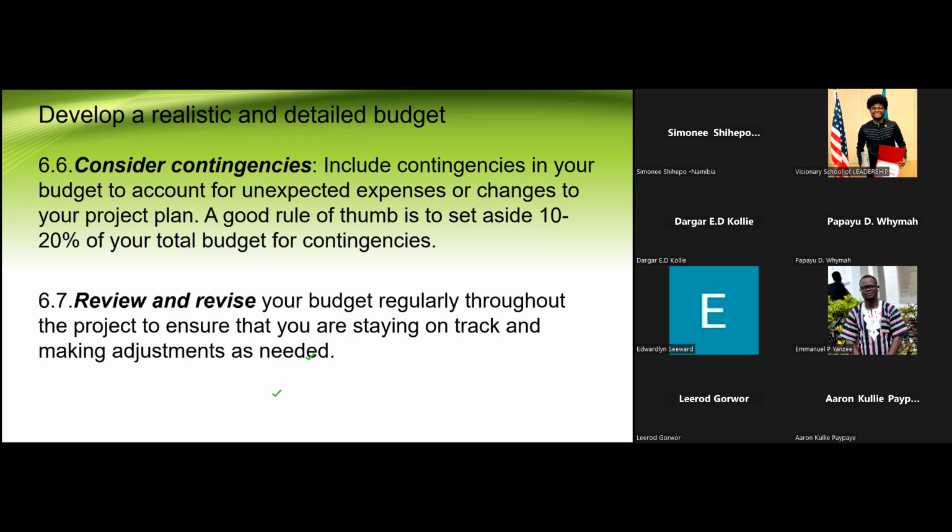You must always revise and review, always, always, always. If you don't do that, you can wake up 6 months later and discover that somebody has been feeding from this budget illegally. Somebody has been feasting on it. So it's important for us to keep track as well.